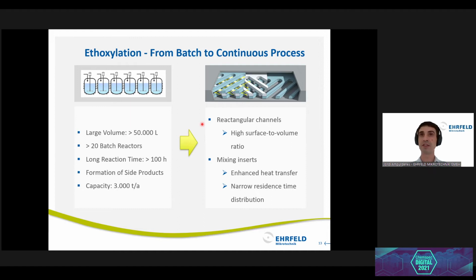As you can see here, and as my colleague Anne said before, these inserts allow the fluids going inside to move in all directions, and in this way enhance the heat transfer as well as the mass transfer and narrow the residence time. So in a way, we try to achieve a kind of plug flow behavior.